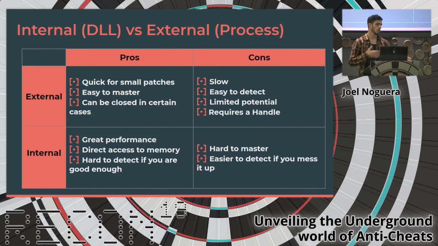On the other side, the external one will be another process running at the same time, which will be constantly reading and writing memory from the game. This, of course, will make it slower and easier to detect because the ways to access a process are well known in Windows, and it's easier to prevent this from happening.